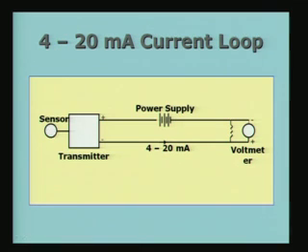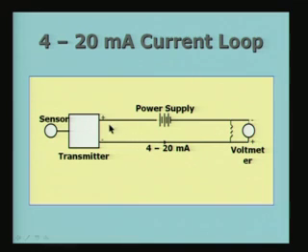For example, in a laboratory, the instrument itself may be mounted on some equipment which may be tens of meters away from the voltage measuring device, or the cabin in which we have kept all the measuring instruments. So the distance between here and here may be quite large.